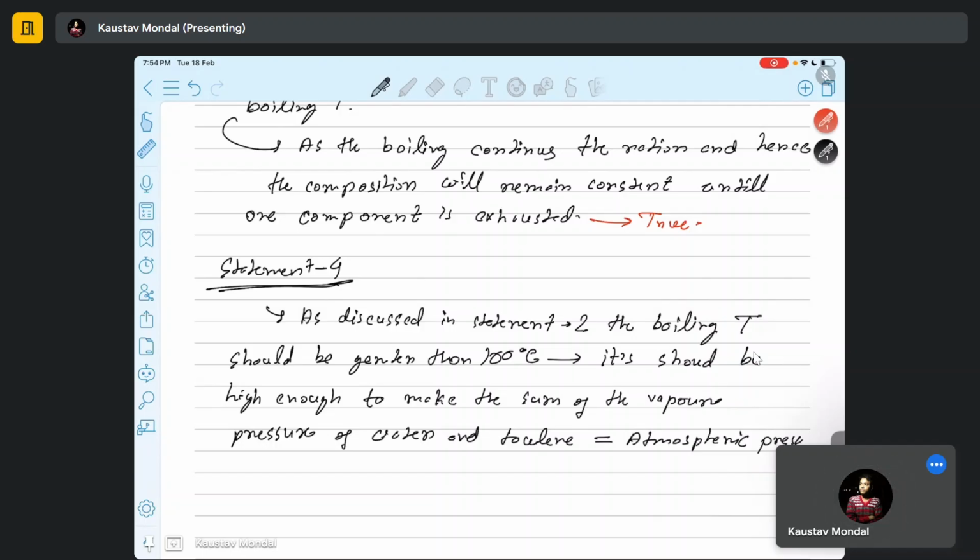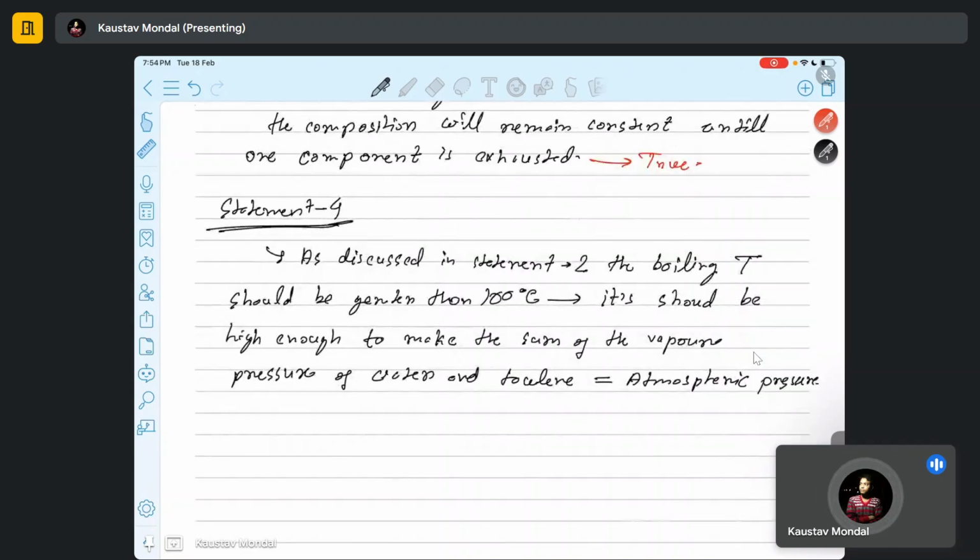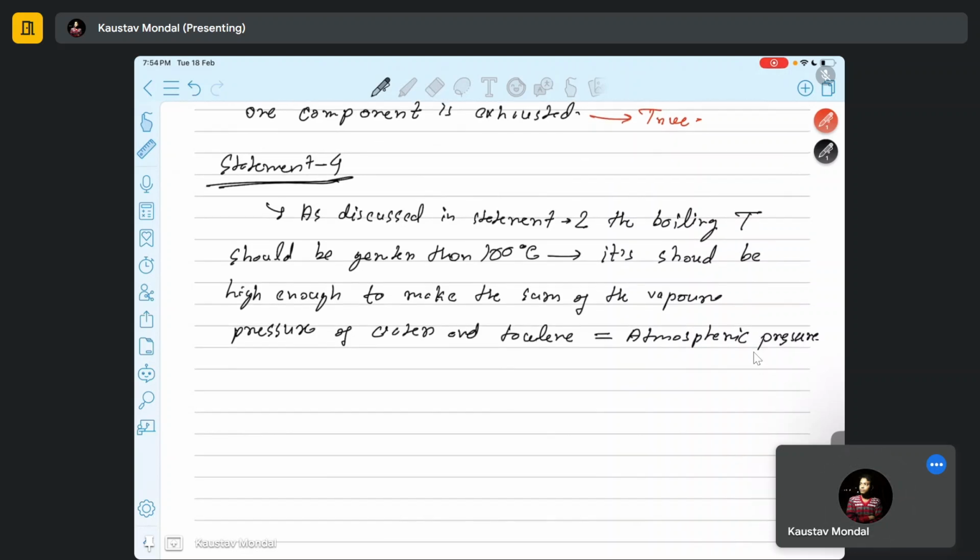But making it equal to the atmospheric pressure doesn't necessarily mean it should be between 100 and 110 degrees centigrade, right? So this statement is false, basically.